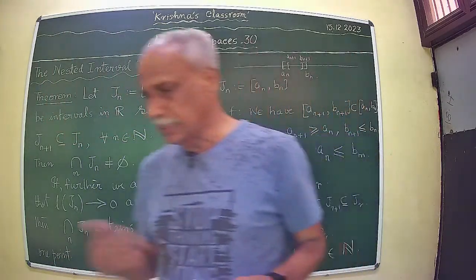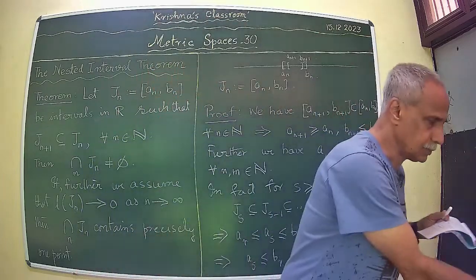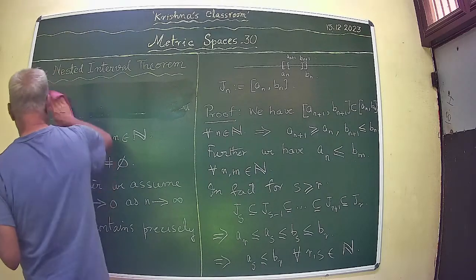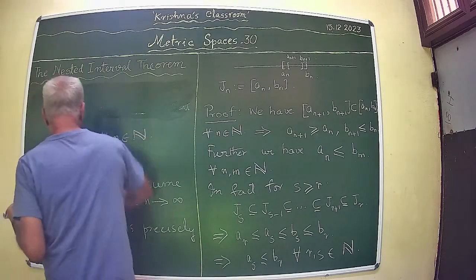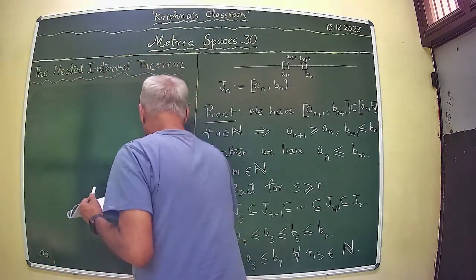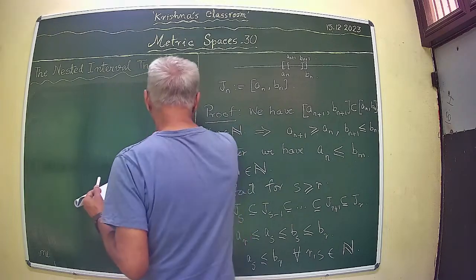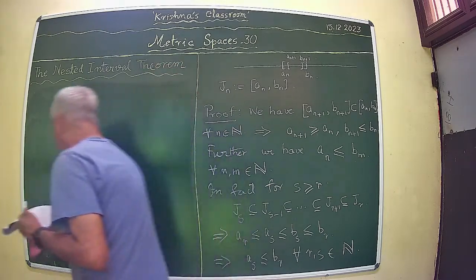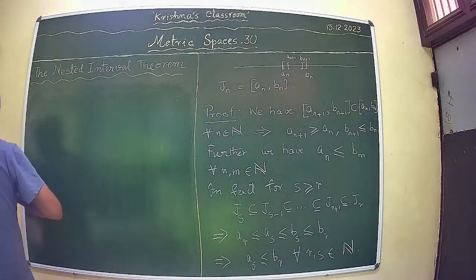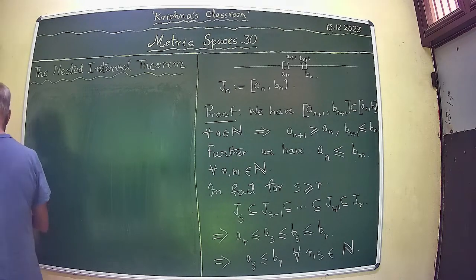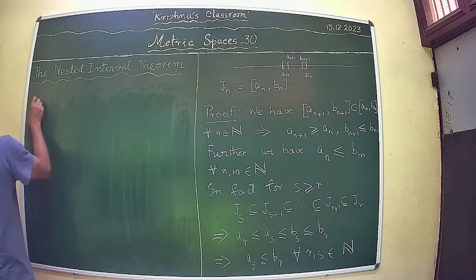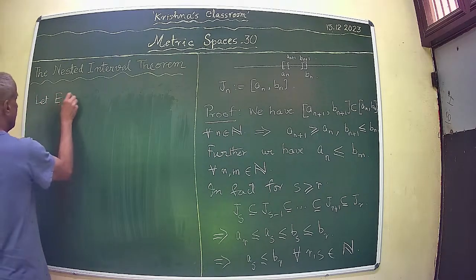Now we look at the sequence an. The sequence an is a sequence of real numbers which is monotonically increasing and is bounded above. So let E be the set of an.